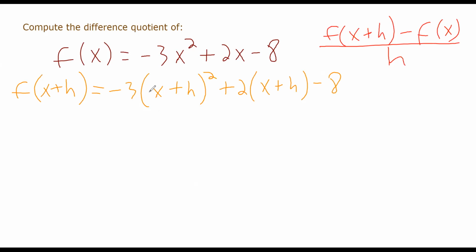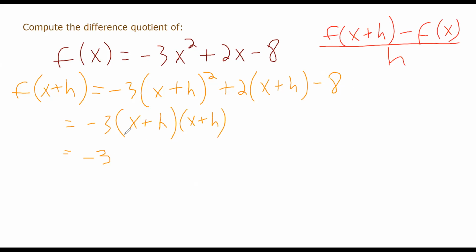So first I'm going to need to do x plus h squared, which involves me multiplying it to itself. And then we'll deal with this business here in just a moment.